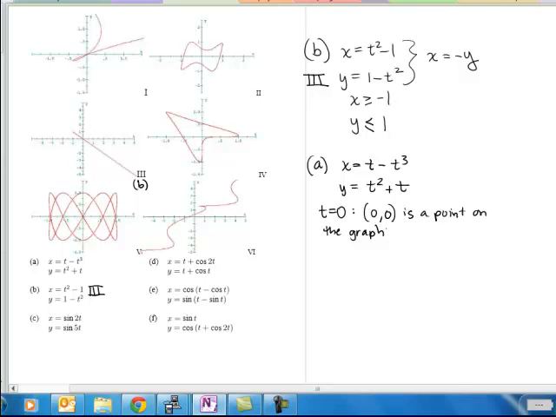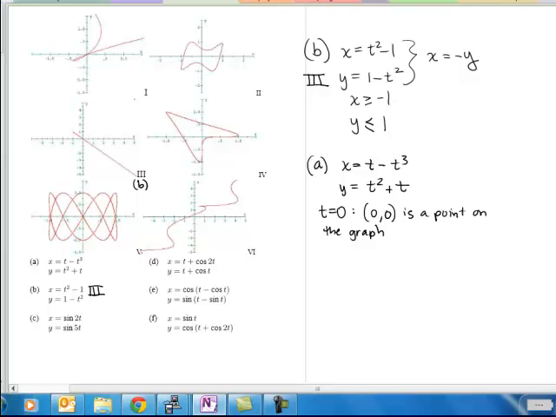So the only two graphs that we have left, since we're done with 3, that have 0, 0 on the graph are number 5 and number 1. The fifth one has a lot of rotation that looks a lot like trig functions. So if I were to just guess, it seems like graph 1 is probably the one here.